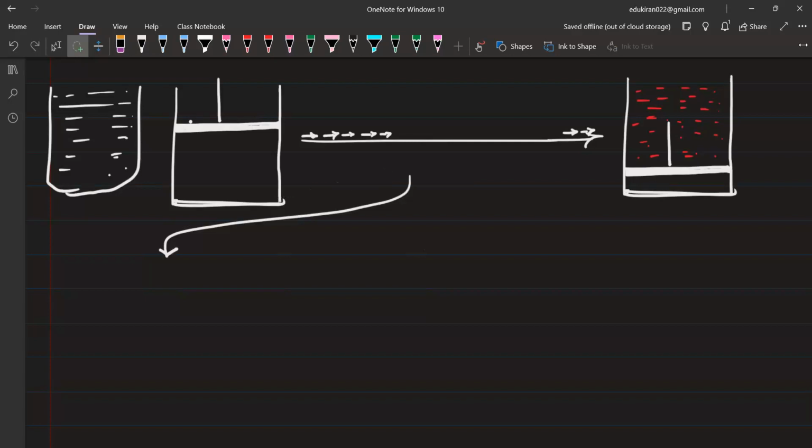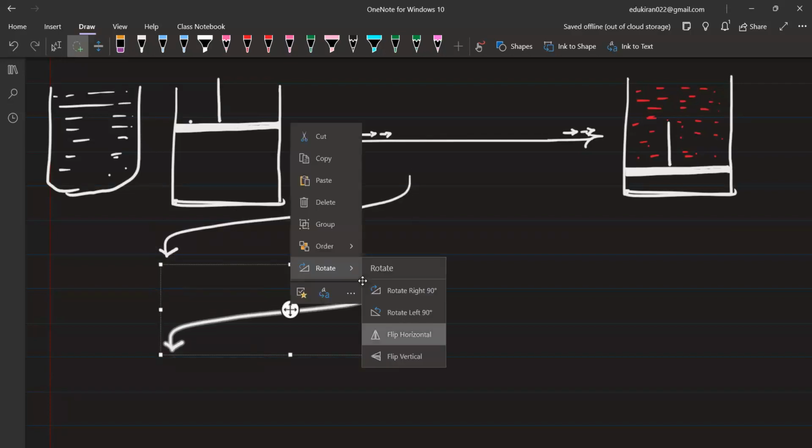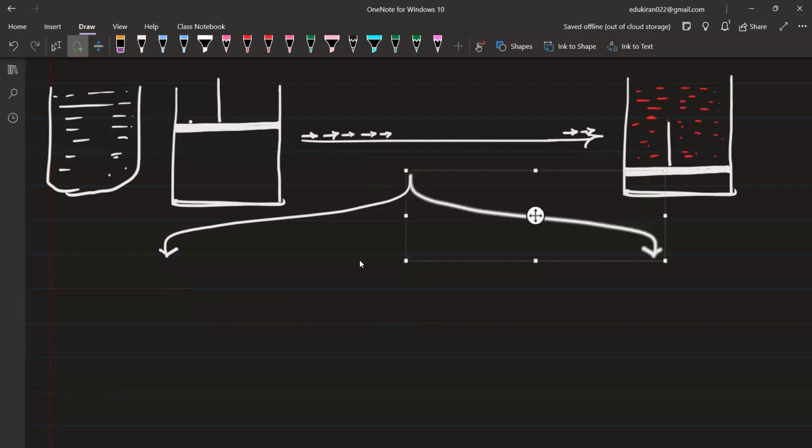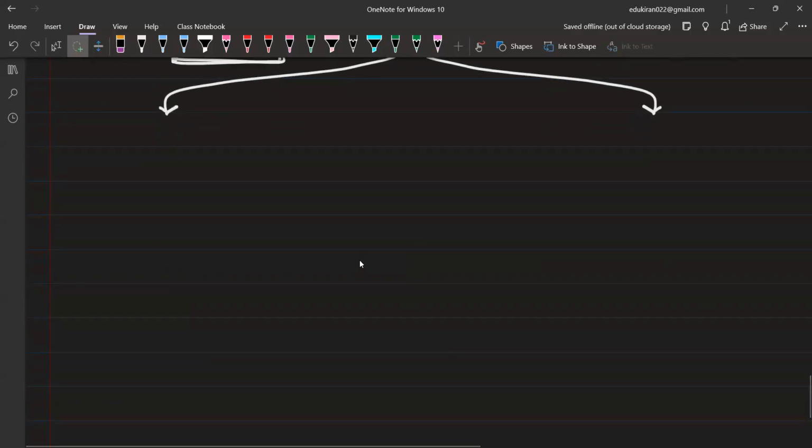Now there are two ways, as we discussed. One way is to dump everything all at once, right? Dump all at once.